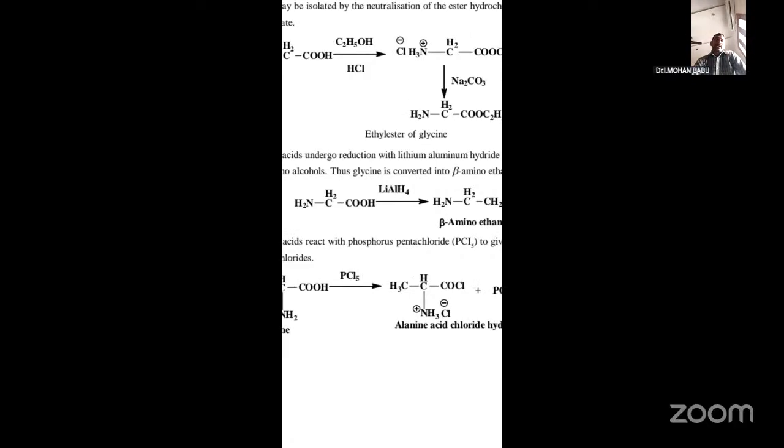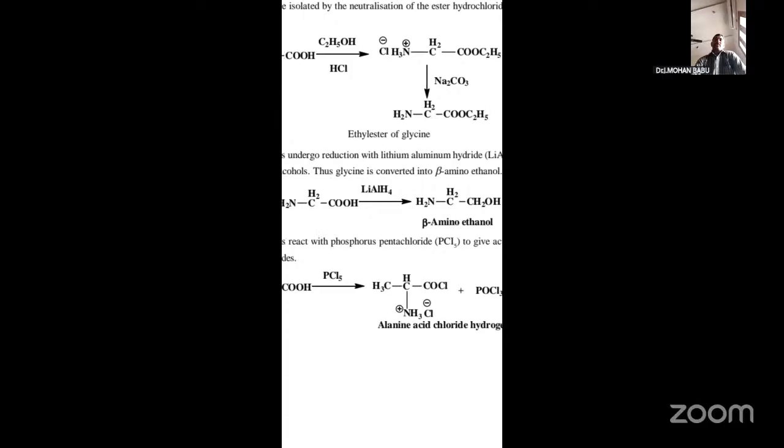We have sodium borohydride and lithium aluminum hydride, two nucleophilic reducing agents. Sodium borohydride is a very weak reducing agent, whereas lithium aluminum hydride is a strong reducing agent here.